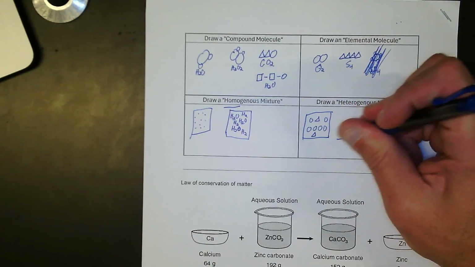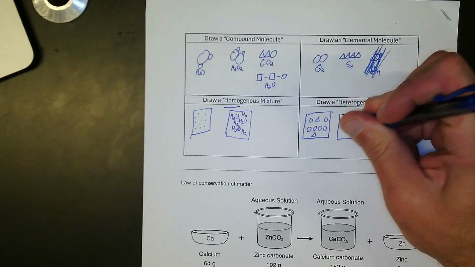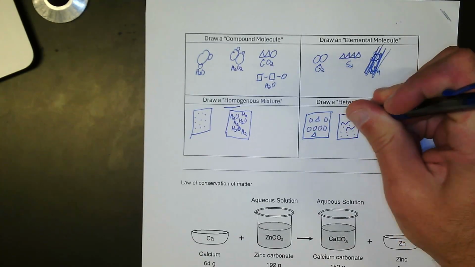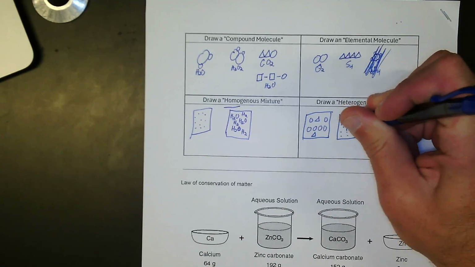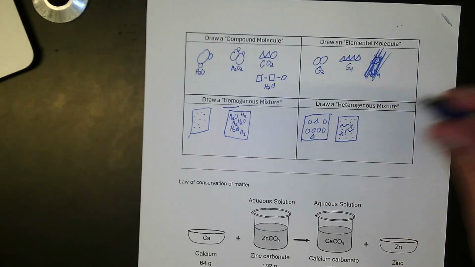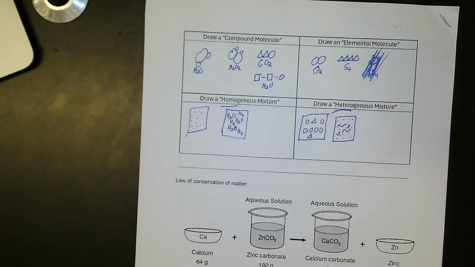Pretty simple. I might have a squiggly line, dots, X, X. Obviously, that does not look the same throughout. There are differences there. Maybe that's a salad. I'm not sure. But that is a different, heterogeneous mixture.